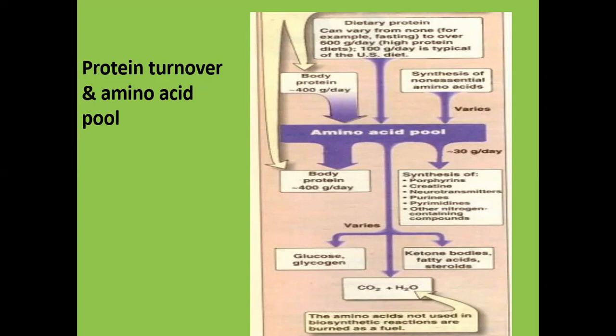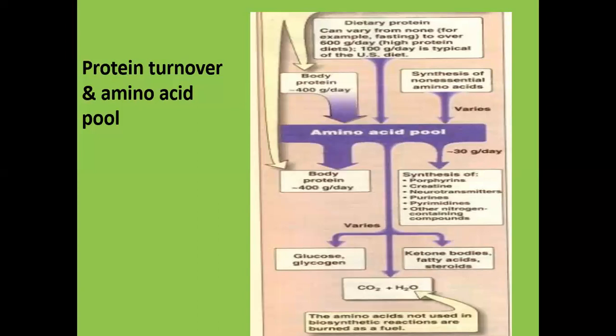And also amino acids from the amino acid pool, if they are in excess, then as you know, some amino acids are classified as glucogenic amino acids. That is, the carbon skeleton of some amino acids can be used for the formation of glucose, or can be utilized for the formation of glycogen.